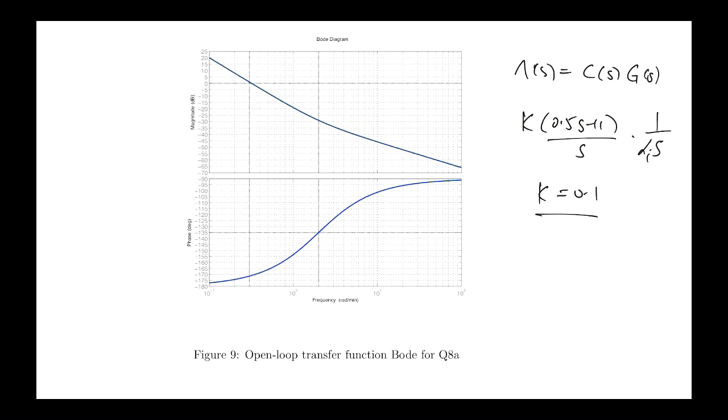Intuitively, the closer you are to the critical point, the worse it is. If you're on the critical point, you've got closed loop poles on the imaginary axis. If you're just easing off from there, those poles might be stable, but they'll still be close to the imaginary axis, giving you lots of oscillations in the response. So to figure out what gain gives you a phase margin of 45 degrees, we've got to find the frequency where the phase is minus 135, 45 above minus 180.